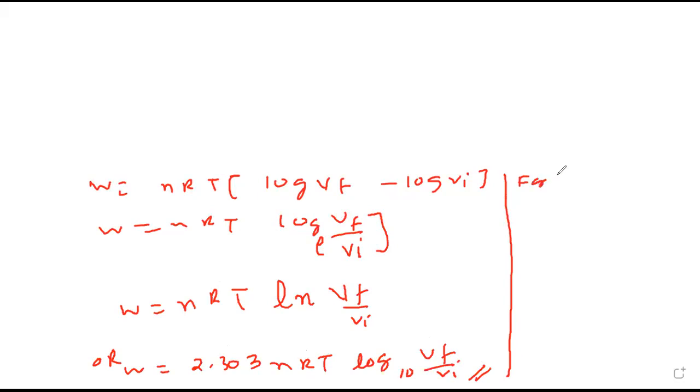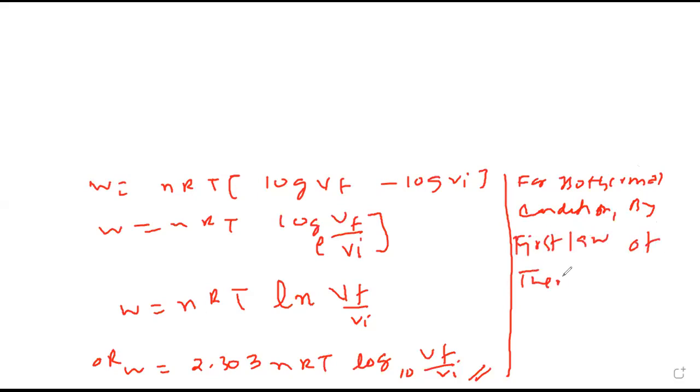Now for isothermal condition, by first law of thermodynamics, Q equals U plus W, but U is 0.